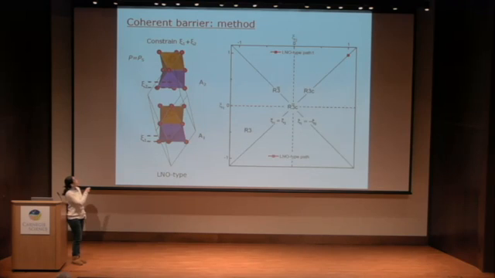Then we use this as a structural constraint, and we gradually change this value so that these two A cations move gradually downward. And this point will slowly move from here all the way here.